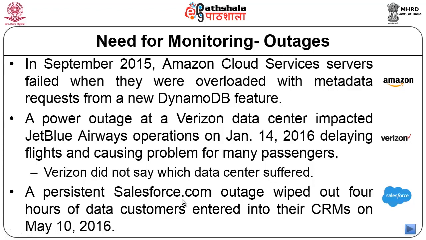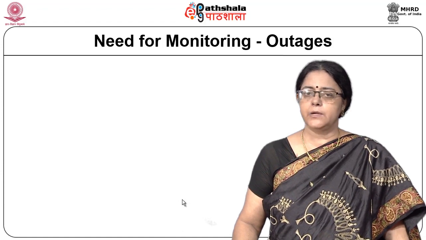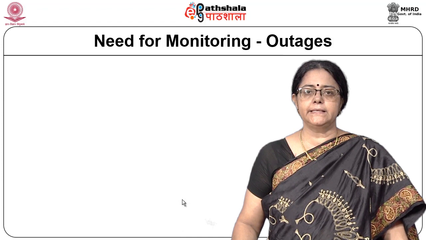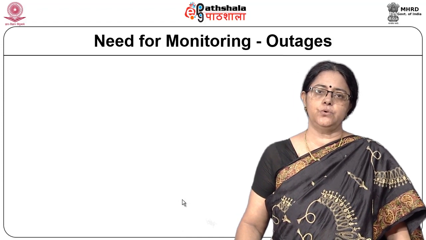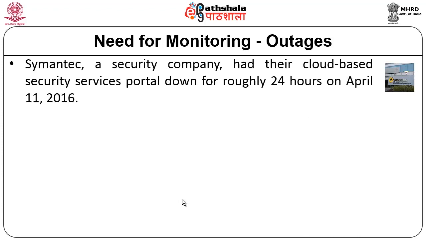Salesforce eventually retrieved the data and claimed to have done it properly, but without proper monitoring it is not possible for the clients to know whether it has actually been done properly or not. We continue our examples with Symantec, a security company, where it is very important that they have all their mechanisms in place, but for 24 hours in April 2016 there was an outage and nothing could be accessed.